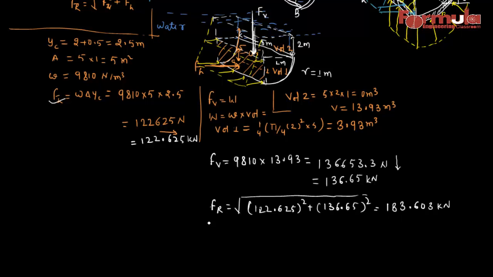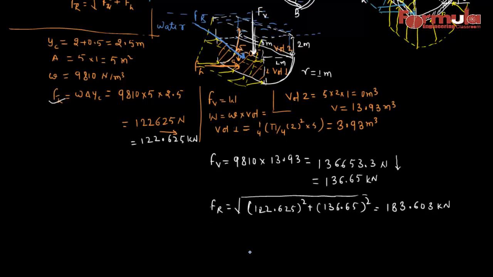And what is the direction of the resultant force? Obviously we are doing a vector sum here. So this is Fh, this is Fv, and this is the direction of our resultant force.